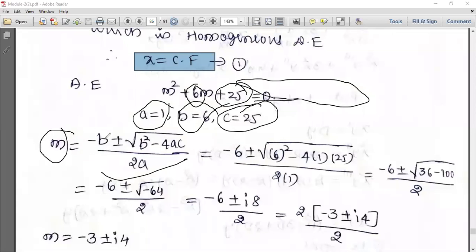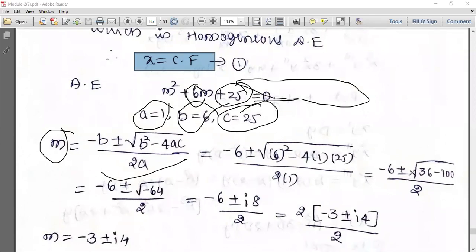So m is equal to minus b plus or minus square root of b square minus 4ac, divided by 2a. Substituting the values, that is minus 6 plus or minus square root of 6 square minus 4 into 1 into 25, divided by 2 into 1.